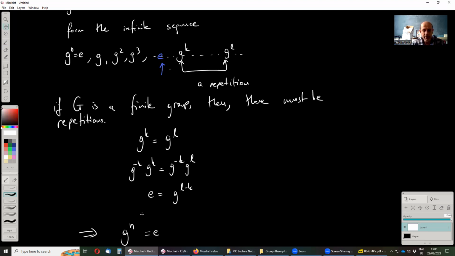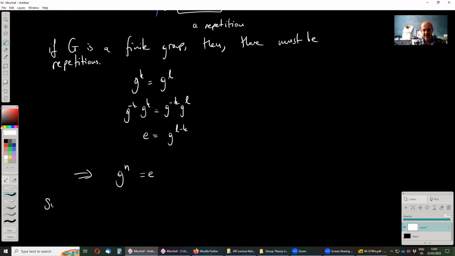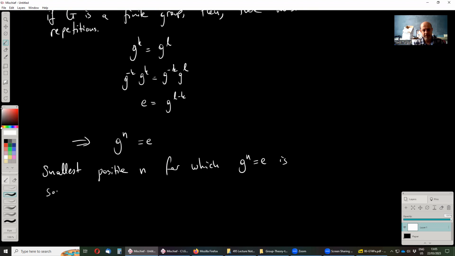Okay. So in any case, the smallest positive n for which G to the n is equal to identity is satisfied is called the order of the element, sorry about this.